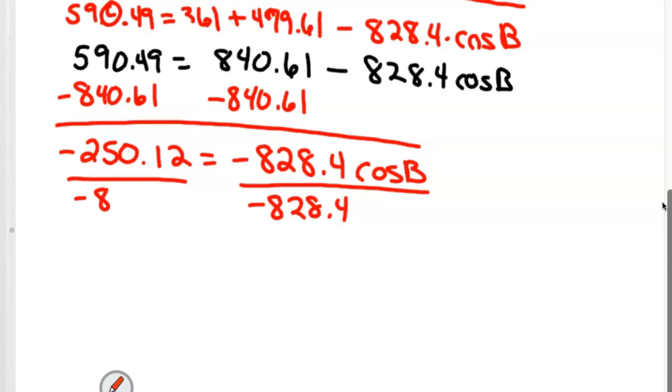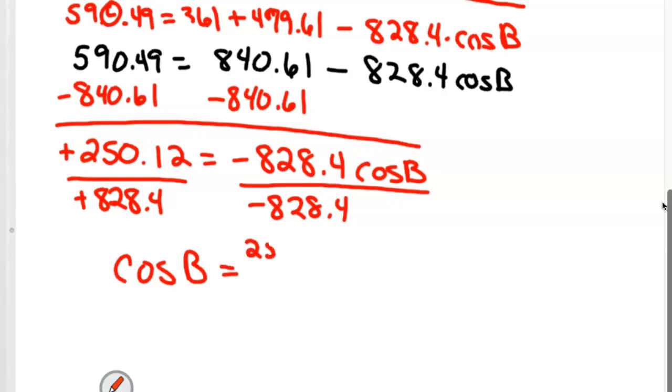That's the important part: you divide by this negative. A negative divided by a negative becomes positive. If that had stayed negative, we'd have an obtuse angle, but it is an acute triangle.